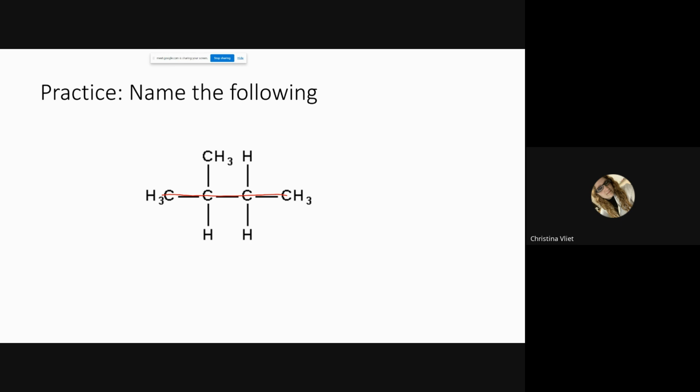This tells you your parent chain. If it's 4 carbons, this tells us that the end of the name is going to be what? Look back at the one sheeter I gave you. Butane. So we know the end of the name is going to be butane.